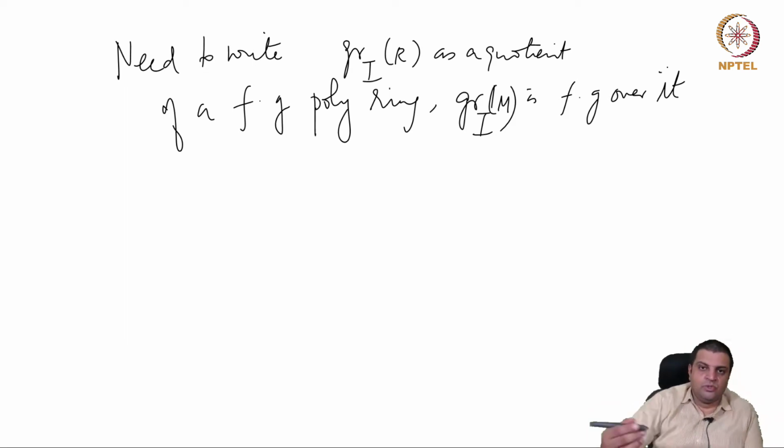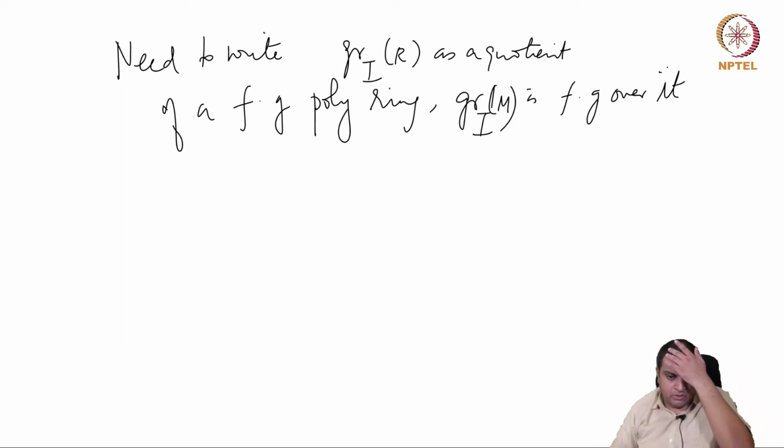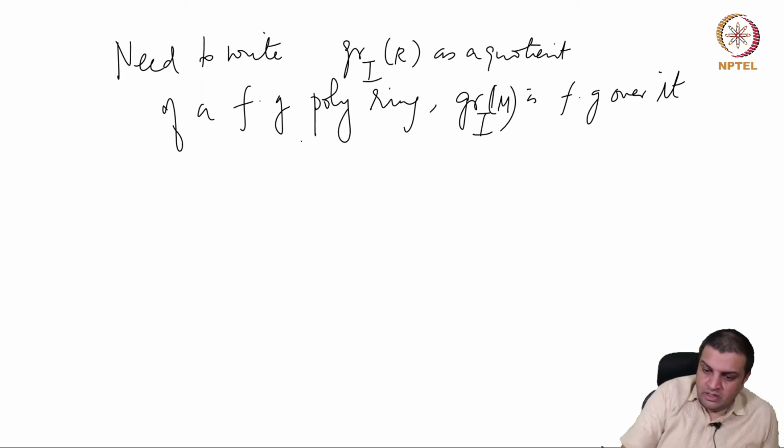And then we will use the property about the Hilbert function of such a module. In order to write this, we have to make a choice of generators of I.